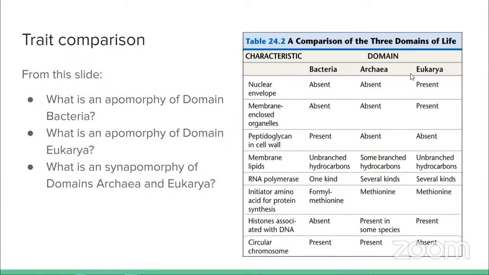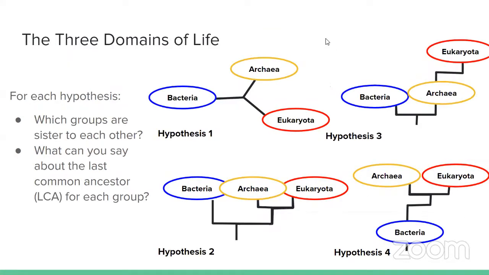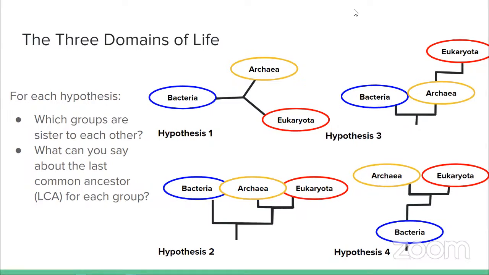Okay. So we have these three domains. They're pretty different. And we can make a couple of hypotheses or different ideas about how these three groups branched from each other. Now, one of these is currently more supported than the others. We do currently prefer one of these hypotheses, but we can use this also to practice our terminology.